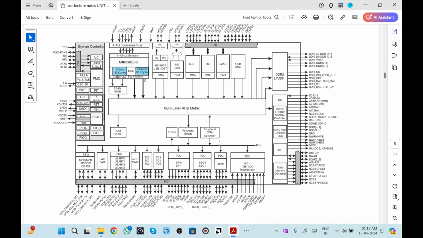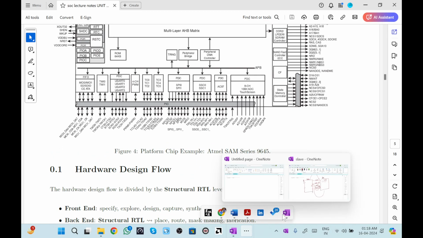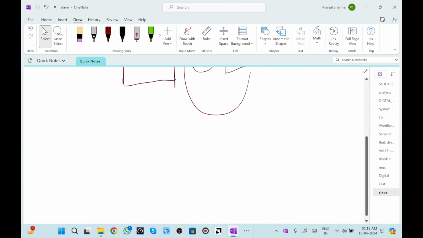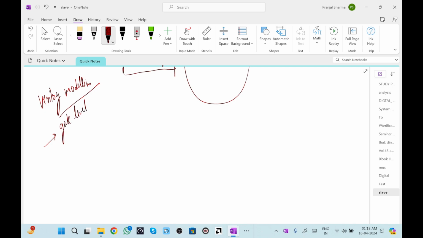So the first type of modeling in Verilog is structural, gate level modeling. Then we have structural, then we have behavioral.